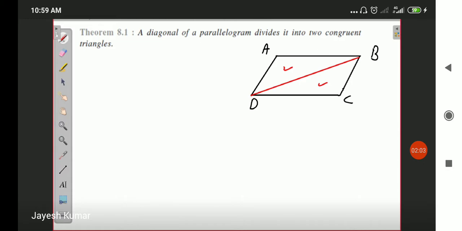So we will prove that. We are given that ABCD is a parallelogram. In order to prove this theorem, what we have is just the definition of a parallelogram. We don't have the properties of a parallelogram, because we are proving one of its properties.